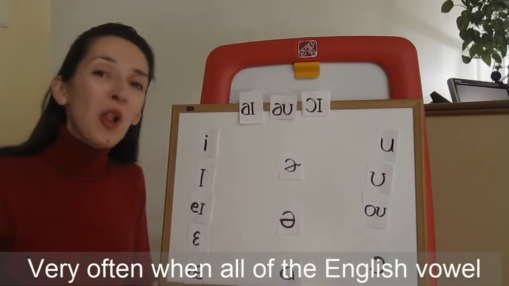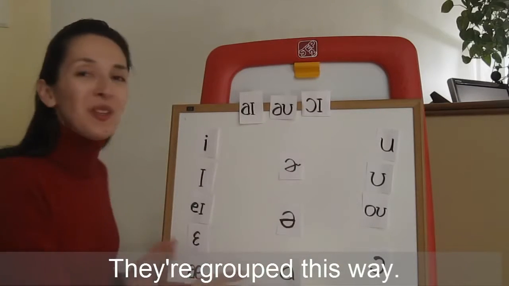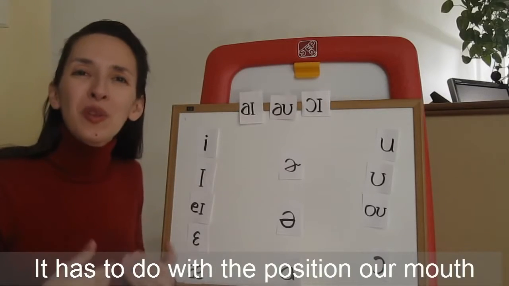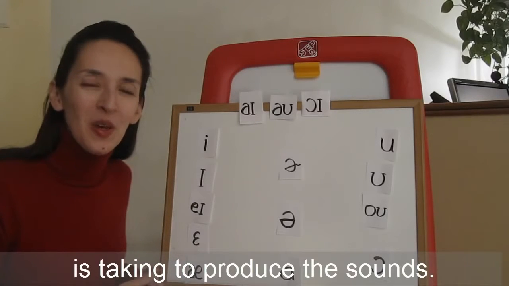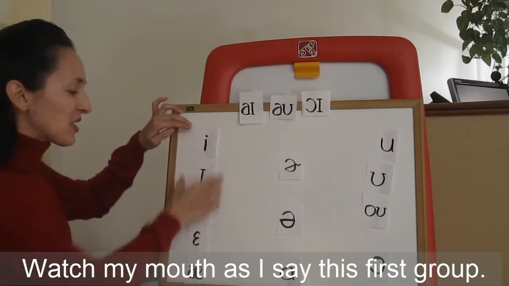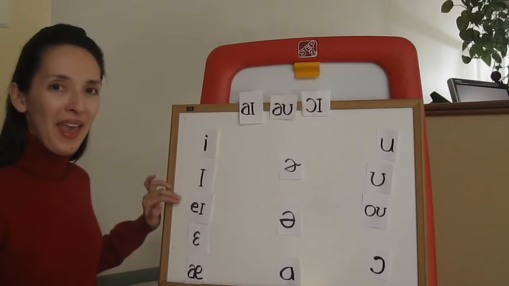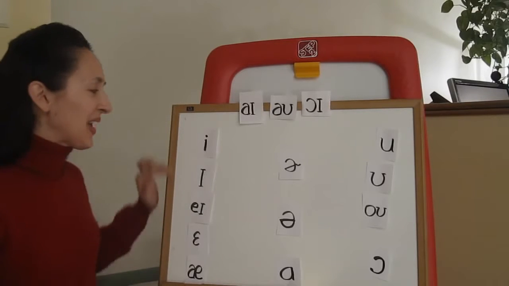Very often, when all of the English vowel sounds are presented at one time, they're grouped this way. Do you know why? It has to do with the position our mouth is taking to produce the sounds. Watch my mouth as I say this first group. E, I, A, E, A. Again.